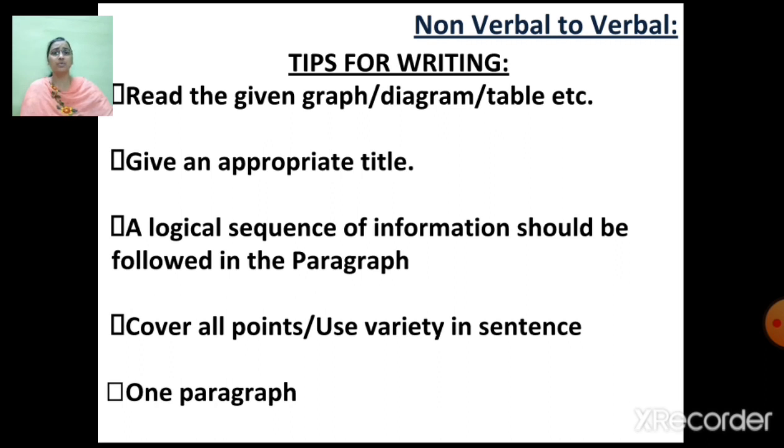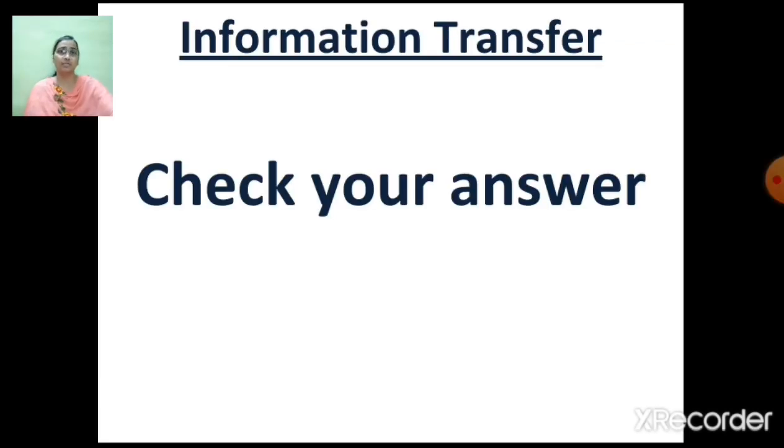The first two sentences will summarize the main idea. Then in the paragraph you will cover all the points, use variety in sentences, and write only in one paragraph, right?